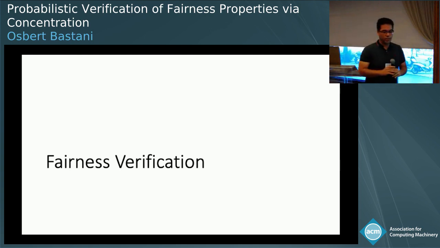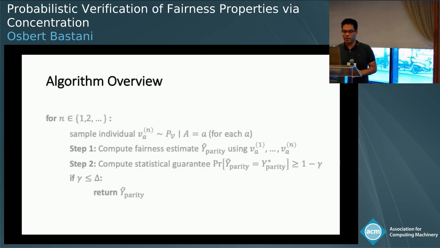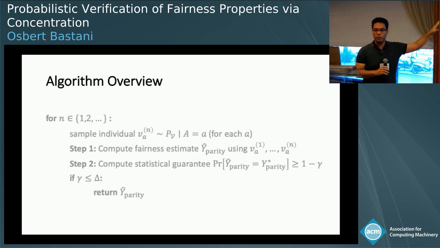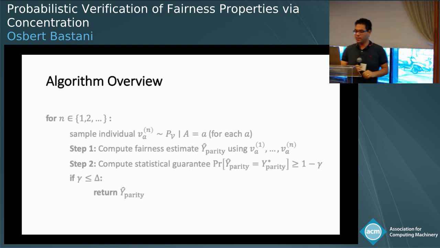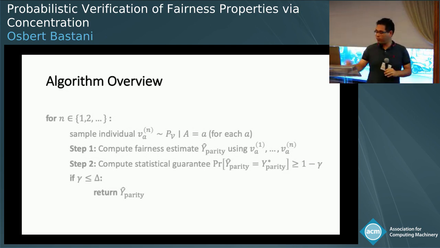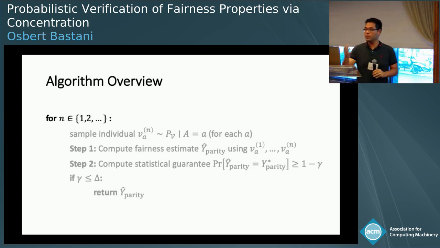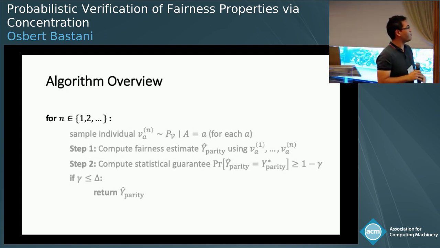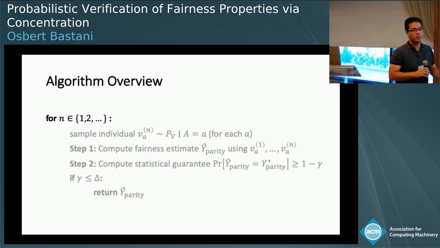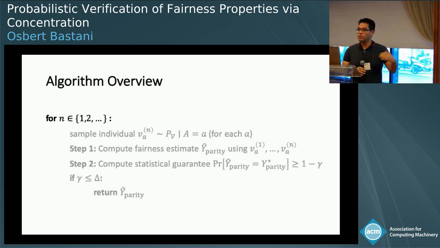So next, I'm going to talk about our fairness verification algorithm. First, I'm going to give an overview and then go into some of the detailed steps of how the algorithm works. So at a high level, our algorithm iteratively collects new samples and then tries to check for fairness. Here, N represents the number of samples that have been taken by our algorithm so far.